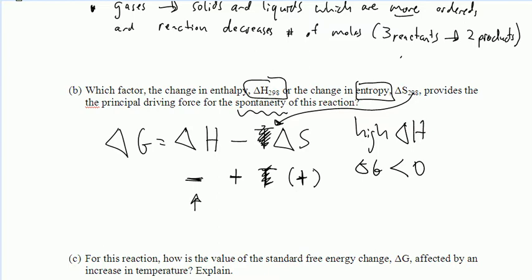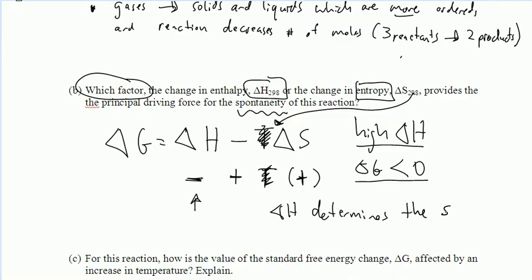In this case, a good enough answer is to say that at a high delta H, delta G will be less than 0. So they basically are just asking you for which factor. So delta H determines the spontaneity. It's kind of a tricky question. I don't know if I understand this that well, actually. So make a little star by this, and we can talk about that in class some more.